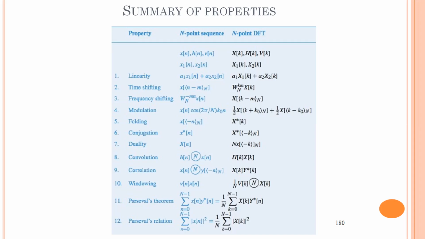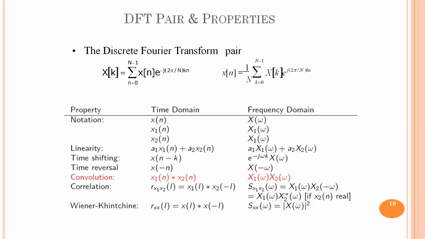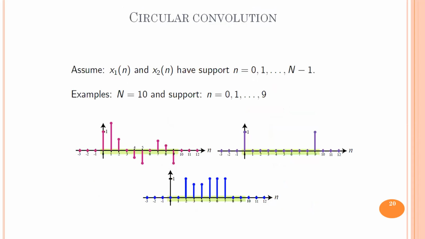Then the windowing property, and Parseval's theorem, which is very important: sigma n equivalent to 0 to N minus 1 mod x of n whole square is equivalent to 1 over N sigma k equivalent to 0 to capital N minus 1 mod X of k whole square. These are the properties of your DFT. So this is about your DFT. In the next class, we'll see the remaining properties.